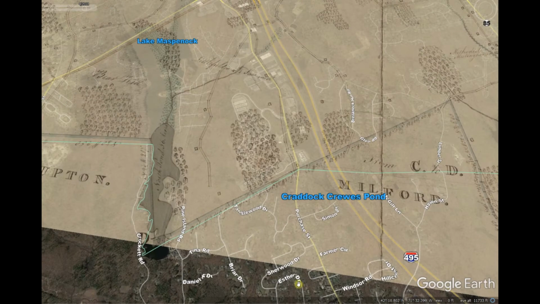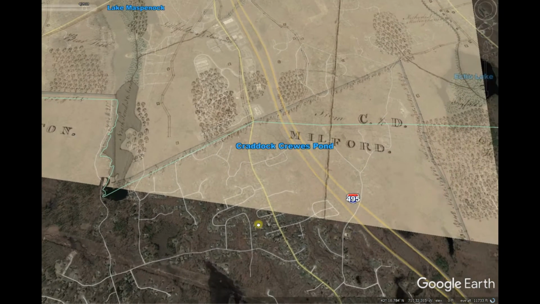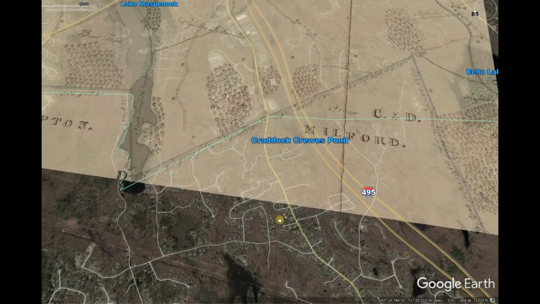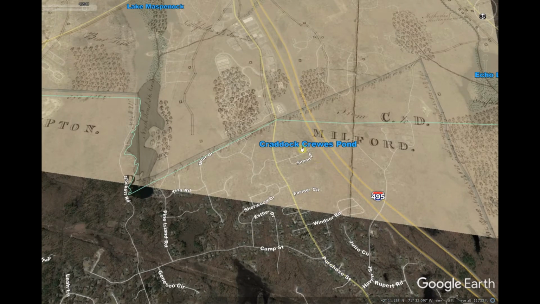So Josiah Ball Sr. was the original settler down in this area. He purchased this land along with his brother, and then his brother soon moved away. And the Ball family was very prominent in this area. They would have been the first people who would have been actually utilizing North Pond for fishing, swimming, and whatever.